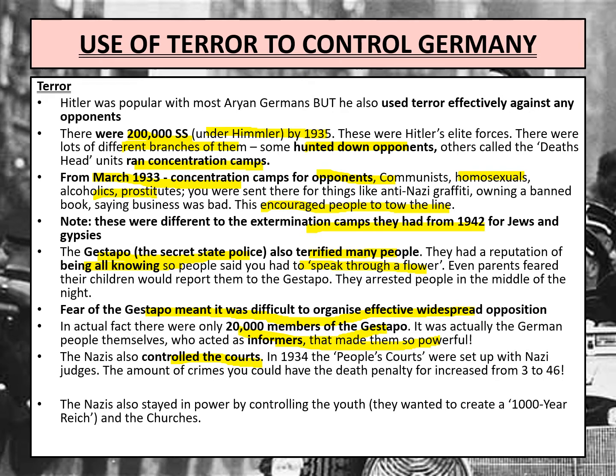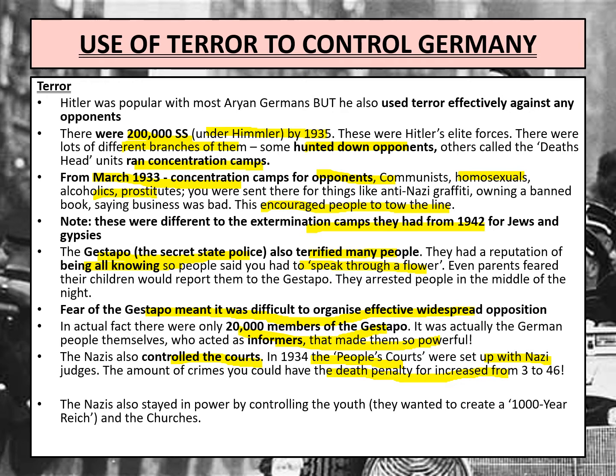There also wasn't a fair trial anymore, because the Nazis created something called the People's Courts, where you would have some normal judges, but you would also have Nazi judges that outnumbered them who would be able to sentence you. They even increased the amount of crimes that had the death penalty attached to them from 3 to 46. By the Second World War, you could be executed just for listening to the BBC.